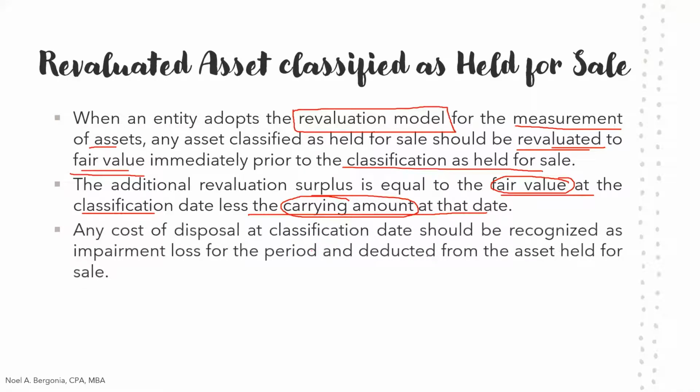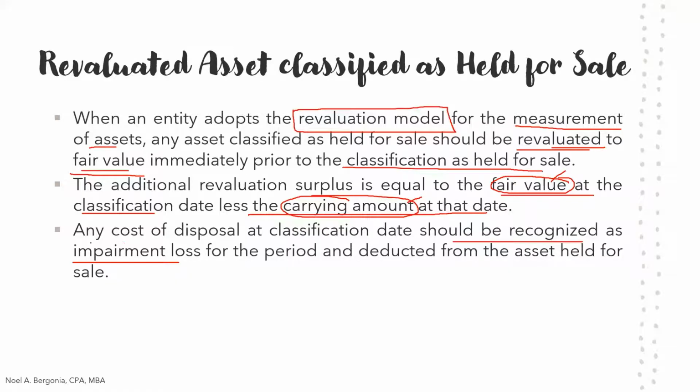Then any cost of disposal at the date of reclassification shall be recognized as impairment loss. So in the revaluation, it is only the fair value and the carrying amount. But since we're talking about the valuation for held for sale and held for distribution, it should be the lower between fair value less cost to sell and the carrying amount.